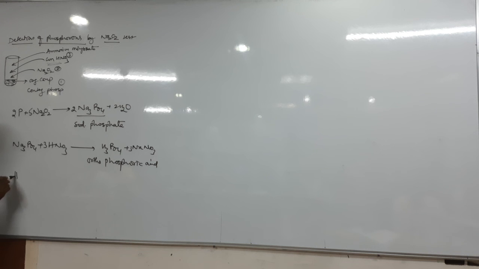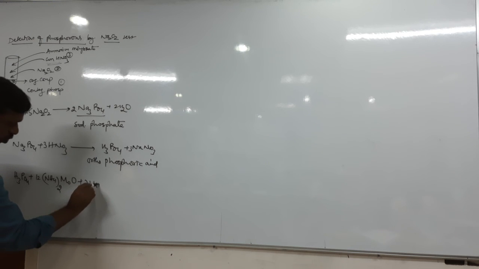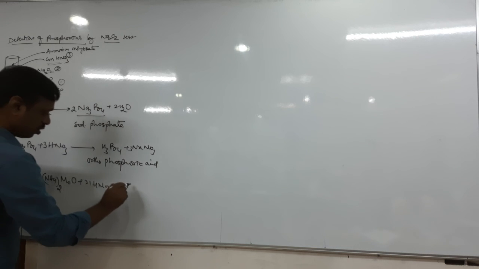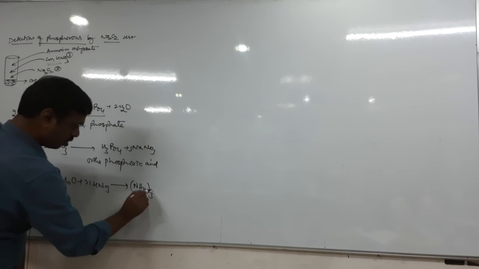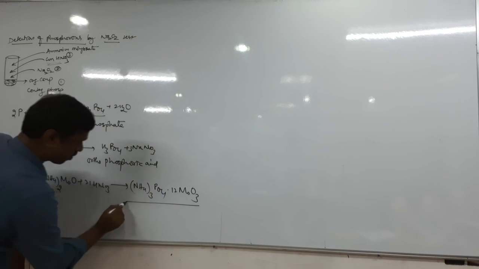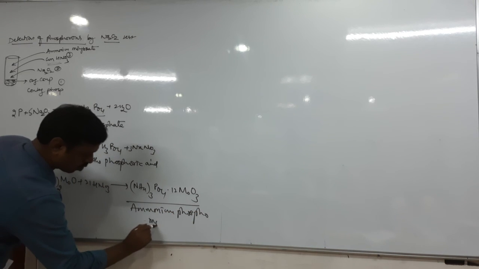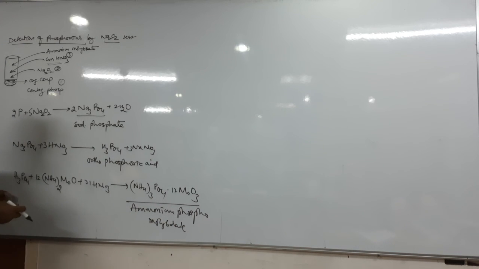Now this phosphoric acid is further treated with ammonium molybdate, (NH4)2MoO4, which also reacts with excess of HNO3, which gives rise to ammonium phosphomolybdate, plus you'll get 12 H2O.